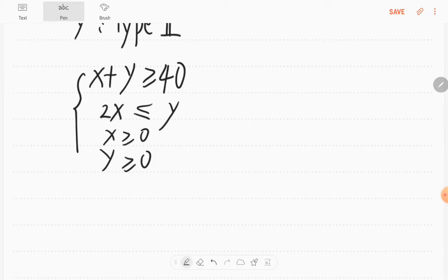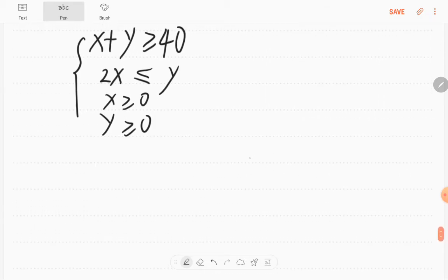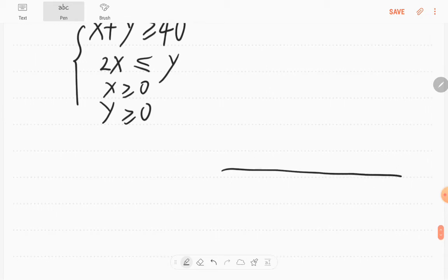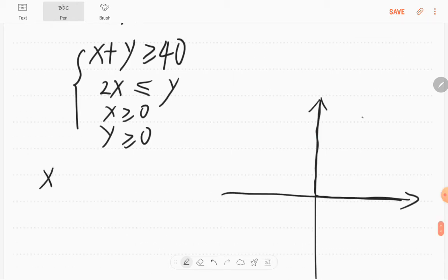Now we can find the region. So we need x greater than or equal to 0, y greater than or equal to 0, so it should be this part. First thing is x plus y.